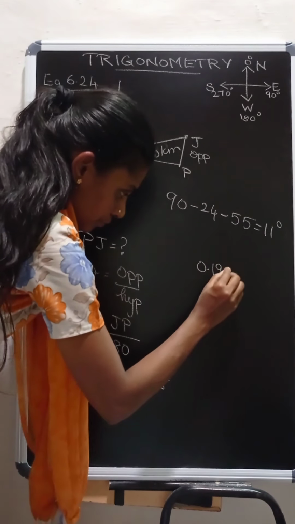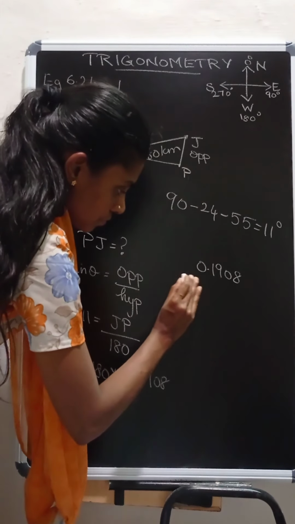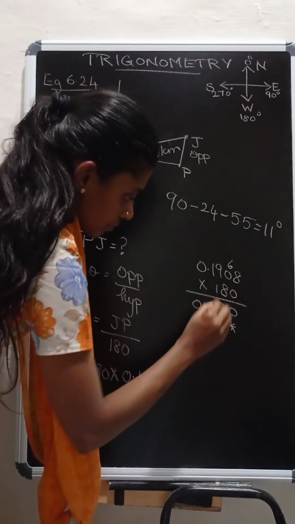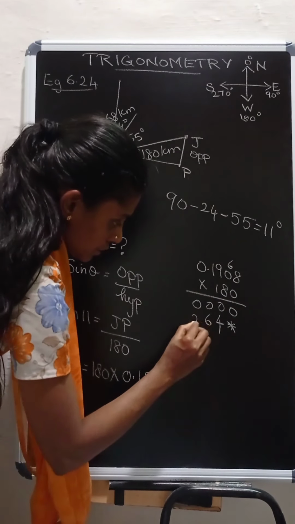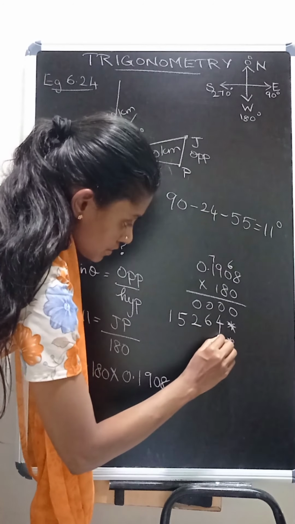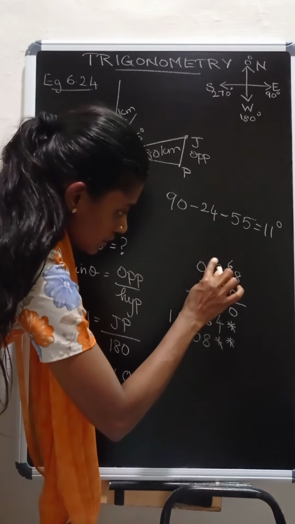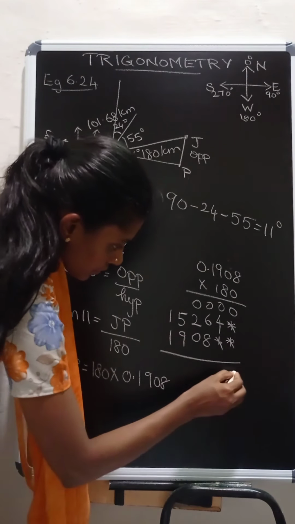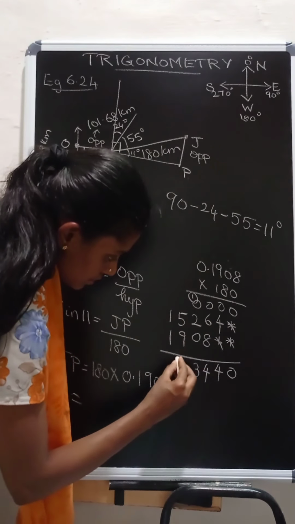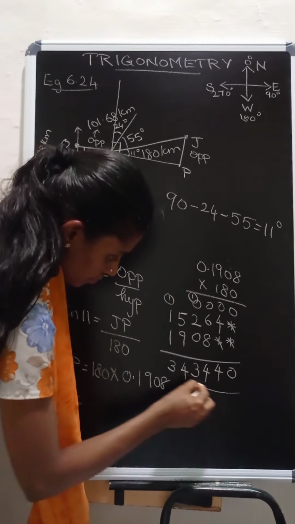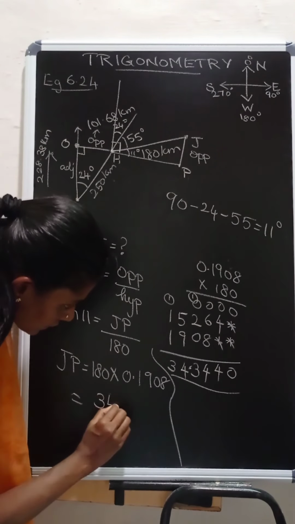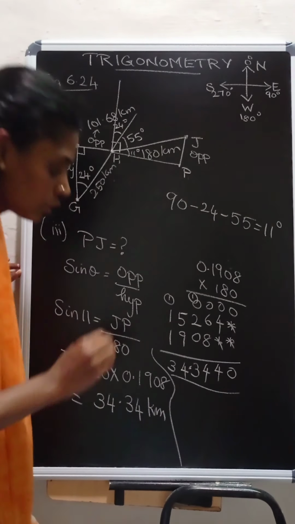Now multiply. 1, 2, 3, 4. So which is equal to 34.34 kilometers.